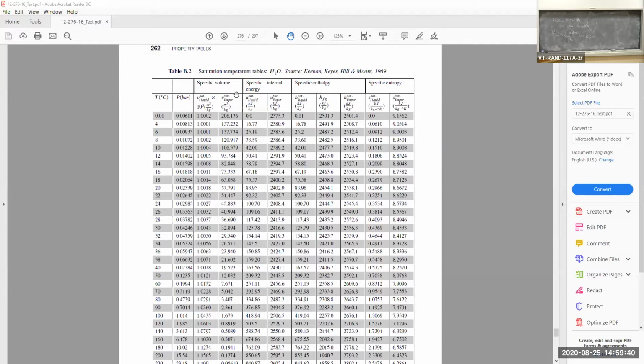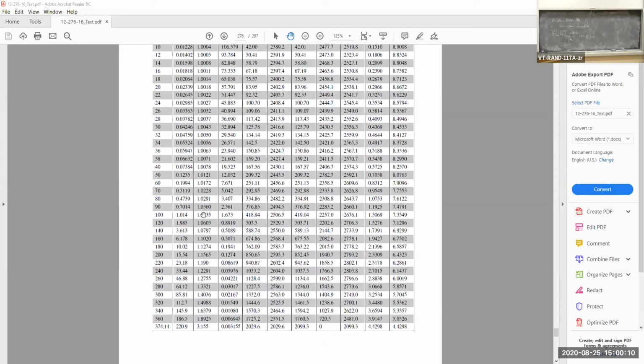There's specific volume. Saturated liquid specific volume times 10 to the 3, that has units of cubic meters per kilogram. Saturated vapor specific volume, cubic meters per kilogram. Notice it's 10 to the 3 here. That means whatever numbers are in this column, the saturated liquid specific volume times 10 to the 3 is equal to this number.